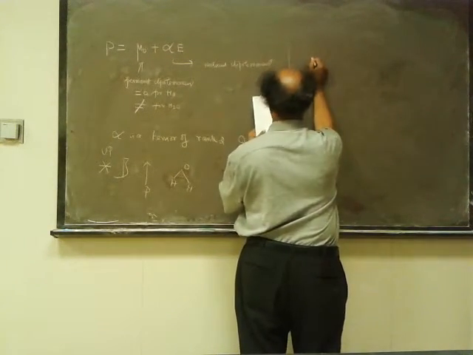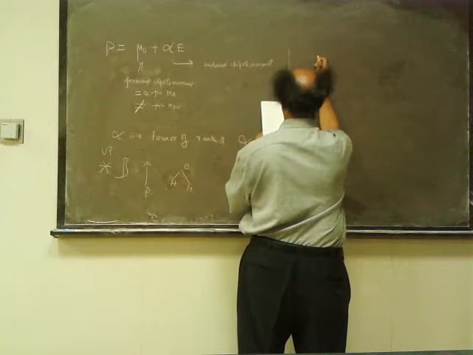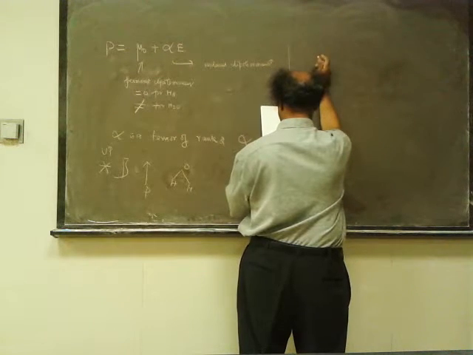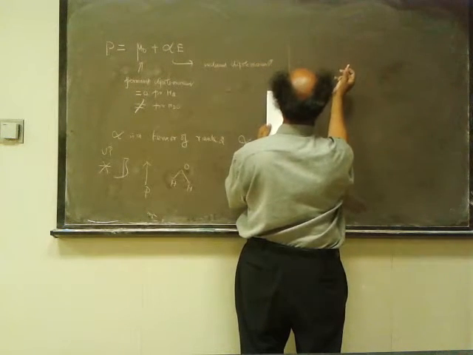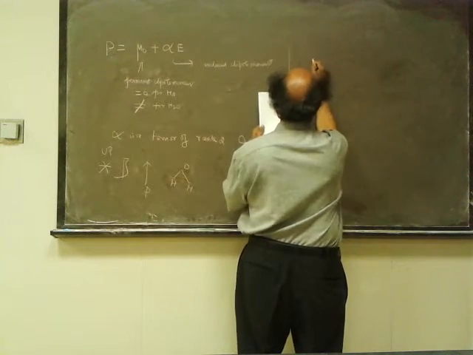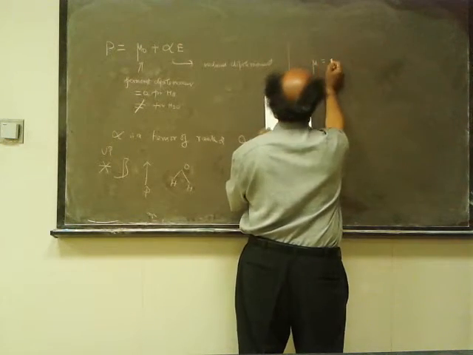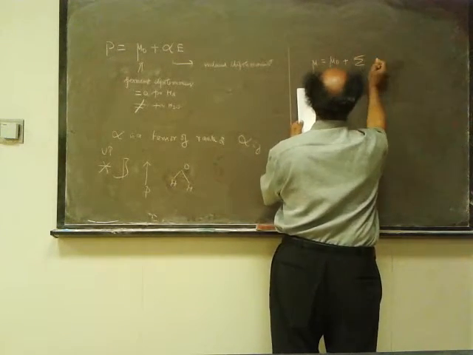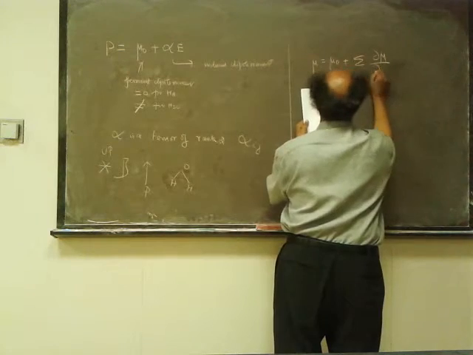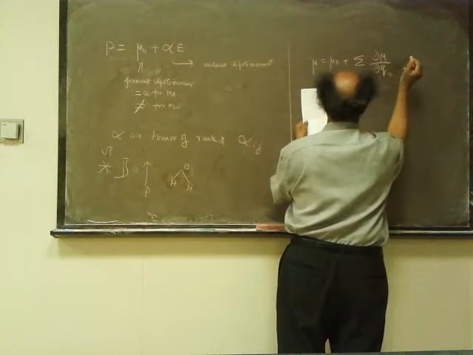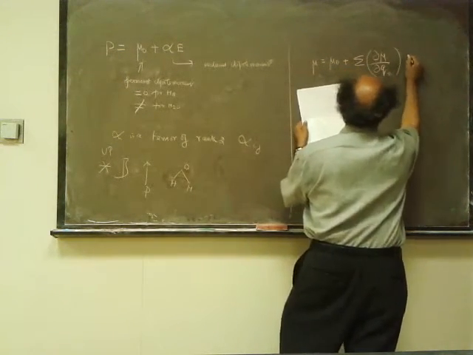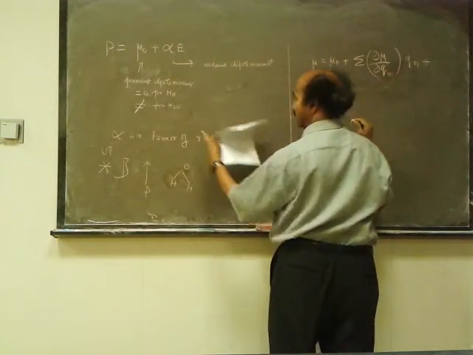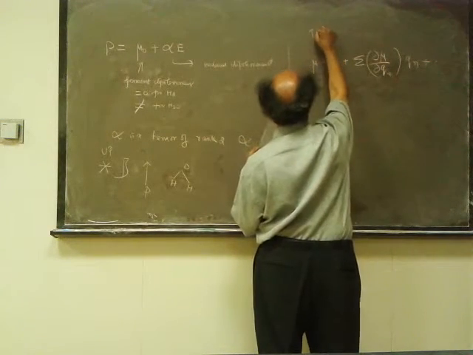I can write, okay, then mu can be expressed as mu naught, undistorted, plus sigma delta mu by delta qn, plus other terms, that is, we express in terms of a Taylor series.